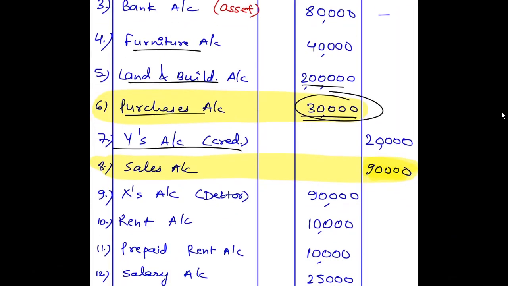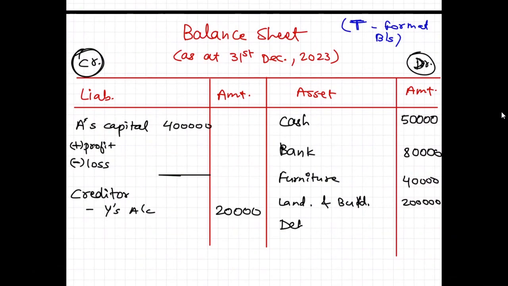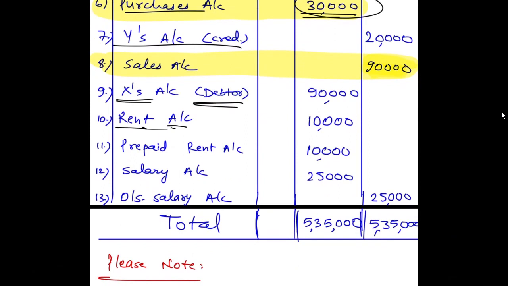Then you can see next we have X account. He is a debtor, that is your asset. So I will write it here. Debtors X account, that is for 90,000 rupees. Then we have rent account. Rent is an expense.